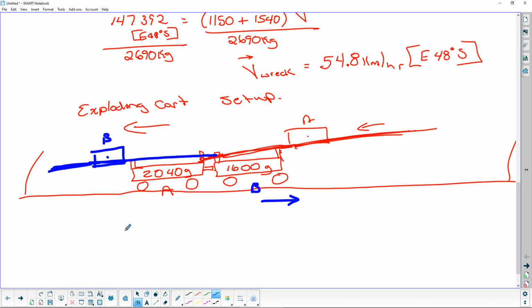Okay, once you've done that, you'll get ticker tape B. Look for 6 dots at the very beginning, and you'll measure 6 dots.